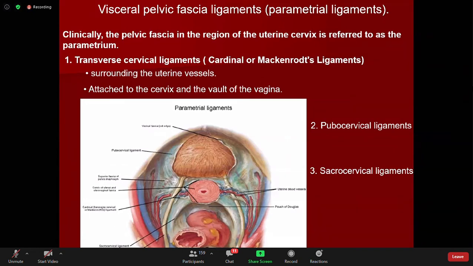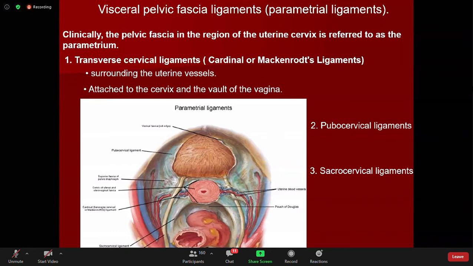Last lecture I said all pelvic organs or structures are expandable. You have the bladder, you have the uterus, right? You have the rectum. What separates between these structures when they expand? There is fascia, connective tissue, right? This fascia in the area of the pelvis becomes condensed.